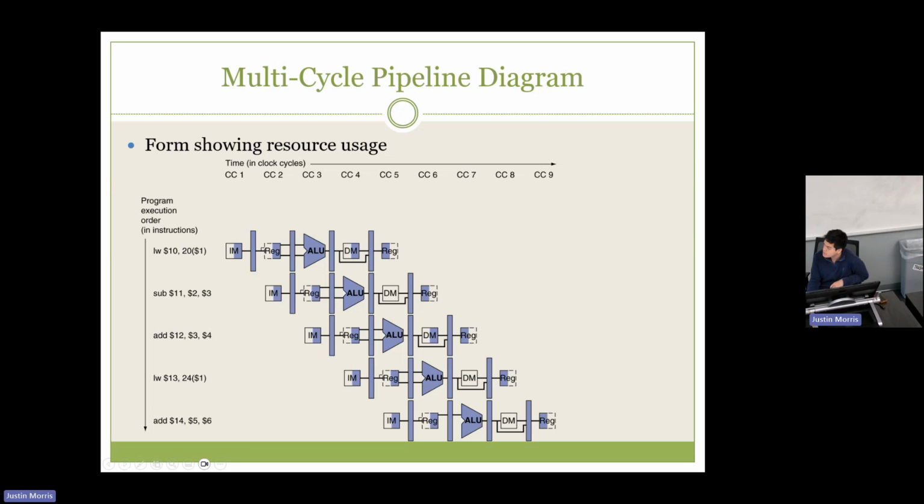And once we're here and the pipeline is full, every single clock cycle, we finish an instruction. Finish an instruction. Right? And assuming all of these 5 pipeline stages were evenly distributed, we're about 5 times faster compared to just single cycle.